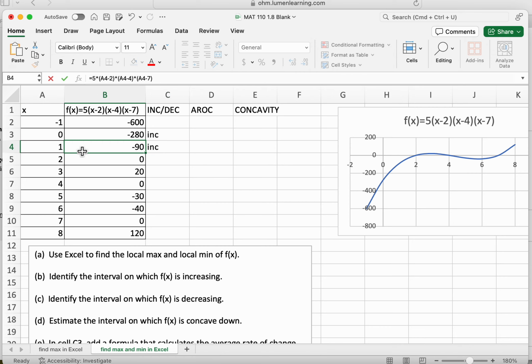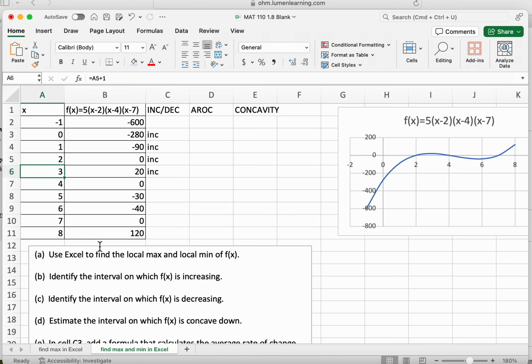It increased. When I go from x equals 1 to x equals 2, what happens to my y value, or my f of x value? It went from -90 to 0. So that is increasing. When I go from x equals 2 to x equals 3, my f of x goes from 0 to 20, so it's increasing.